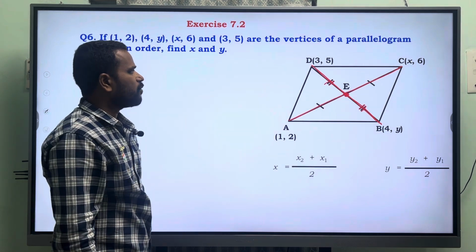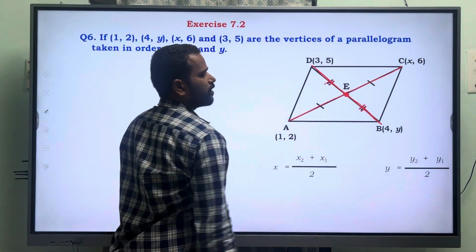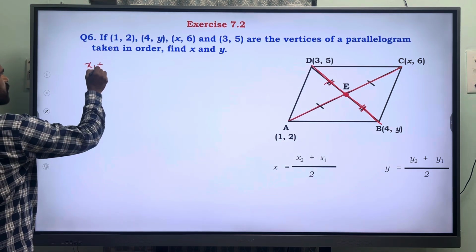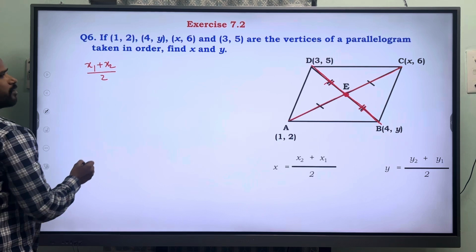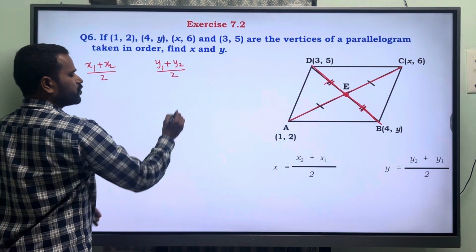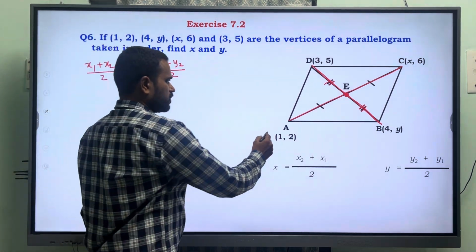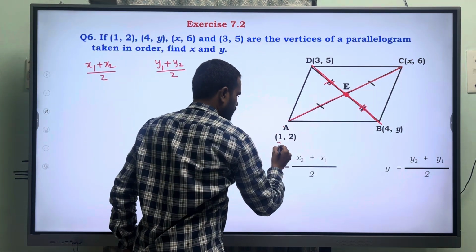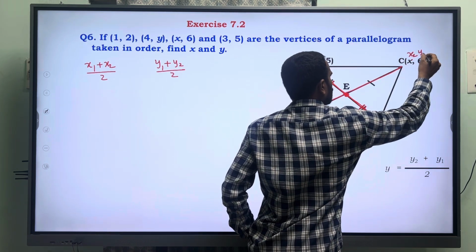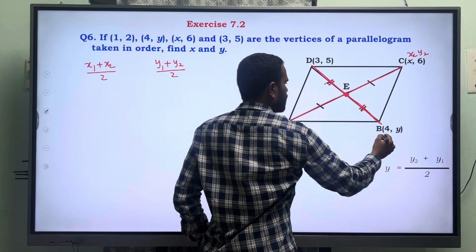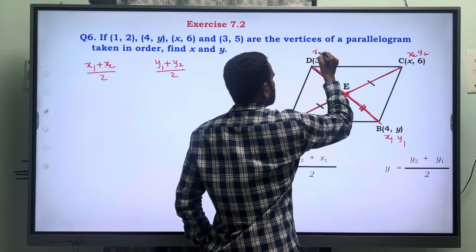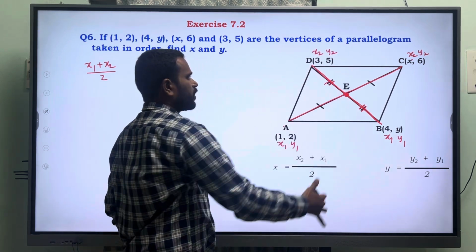Understand? So easily what we can do is use the midpoint formula. See, what is the midpoint formula? x1 plus x2 by 2, right? And y1 plus y2 by 2. See here, for this I can take x1 y1, x2 y2, and for this again I will take x1 y1, x2 y2, because we have 2, right?